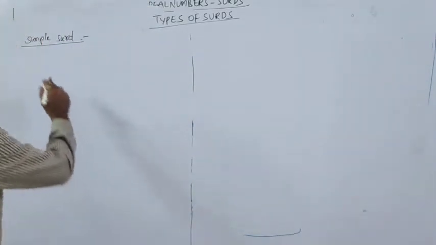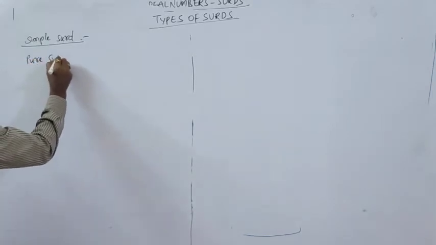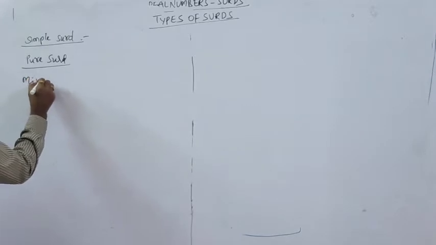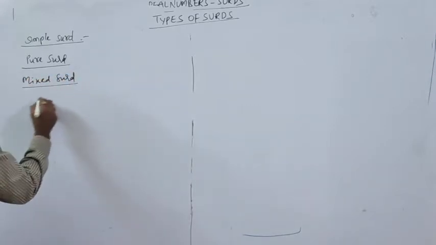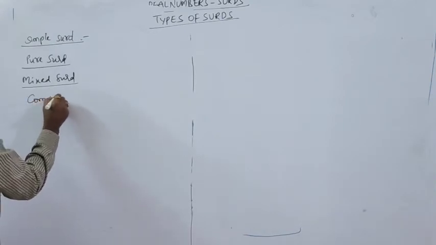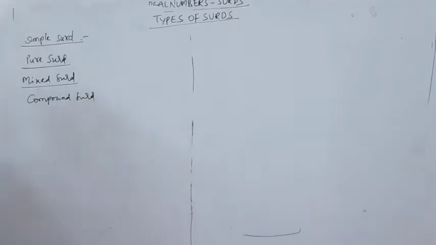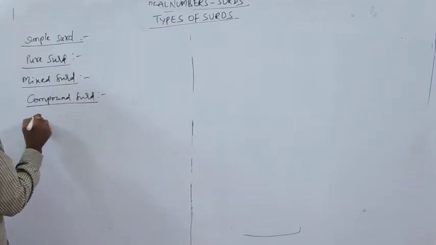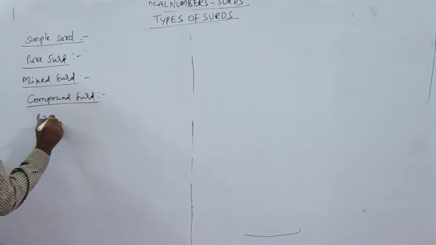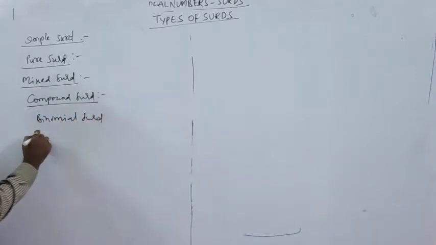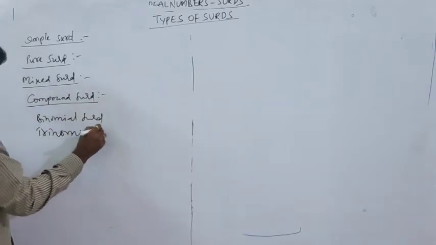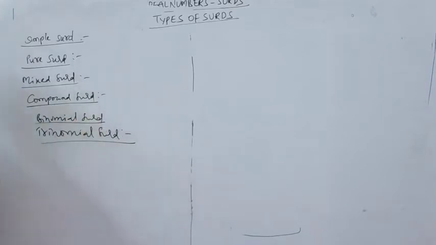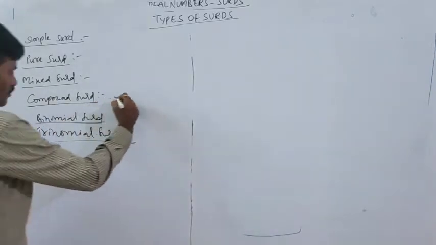Simple set and next pure set, then mixed set, next compound set, and binomial set and trinomial set, like this. So these all are based on terms.